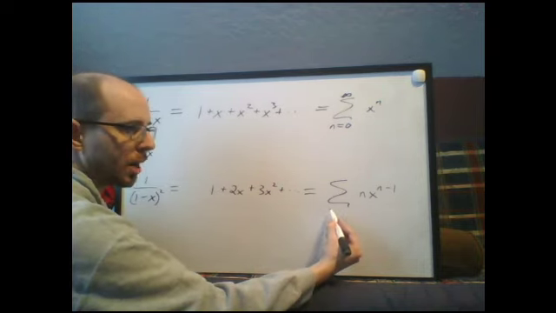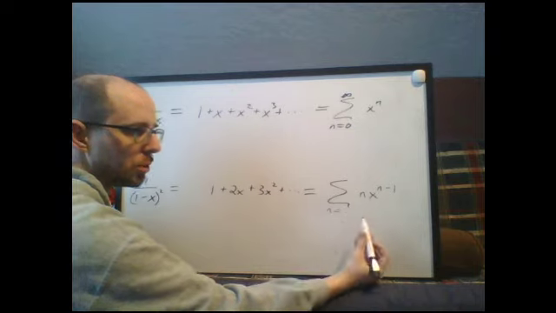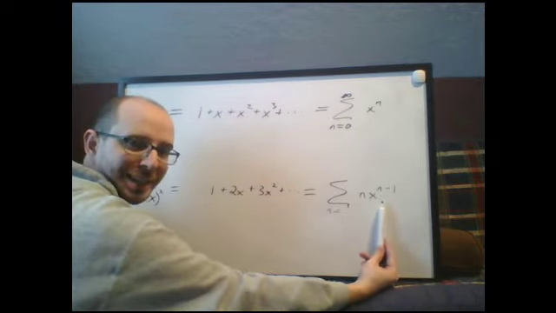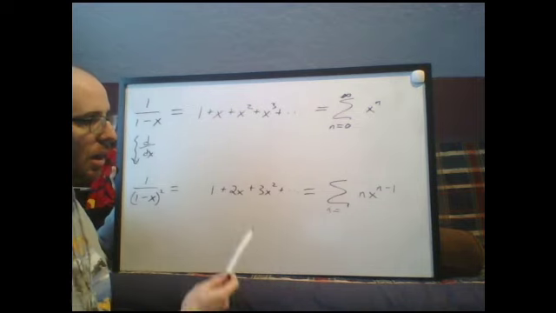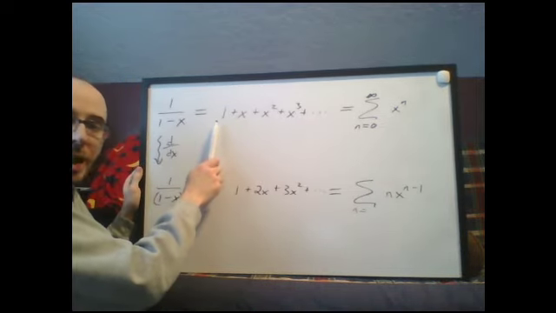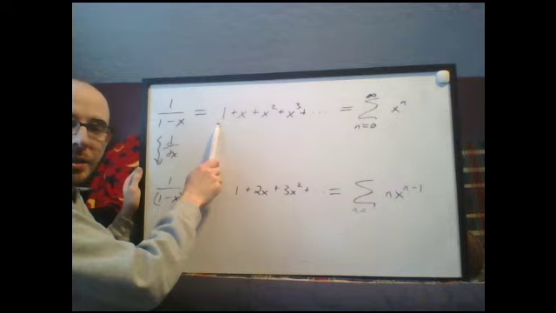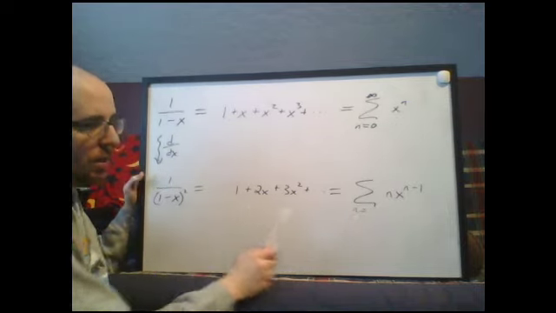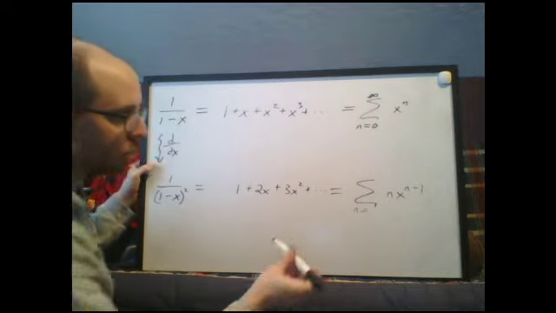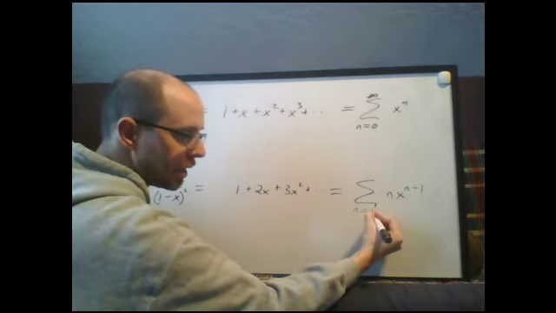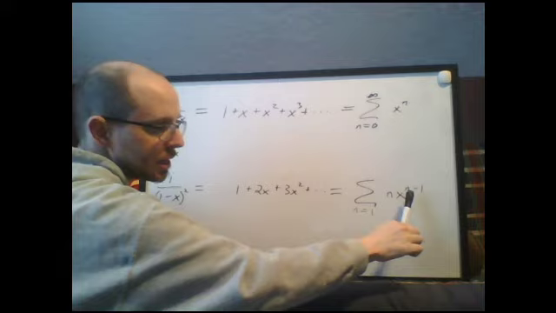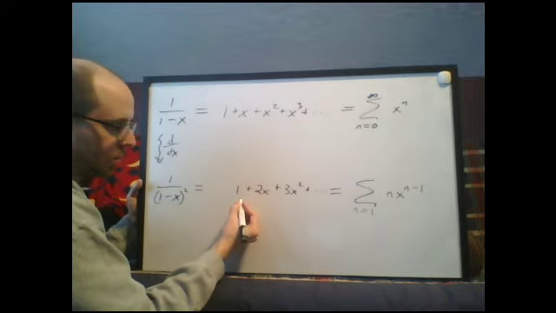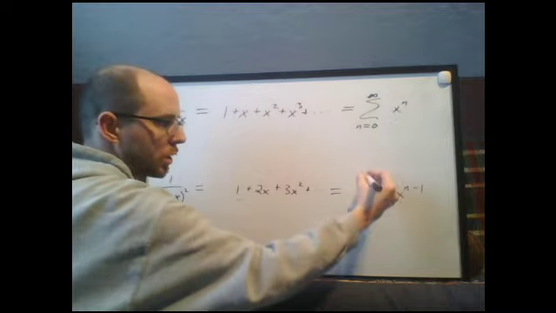If I start my sum at n equals 0, then technically I'm going to have a problem with 0 minus 1 here, a negative exponent, and that's bad. But that's because my constant term from the original series disappeared, and my new constant term is here. So I can deal with this one of two ways. I can start my sum at n equals 1, because then this exponent will be 1 minus 1, which would give me 0 power. So I could write it like this.